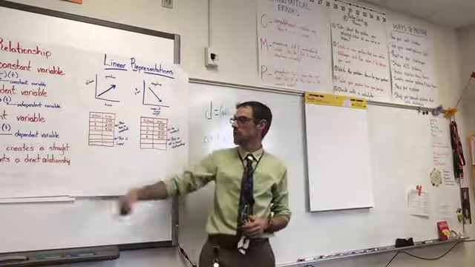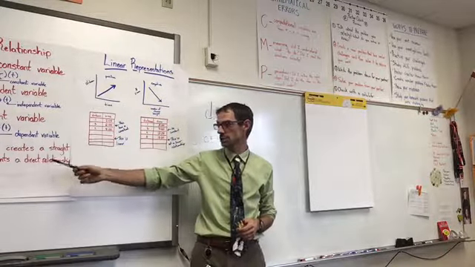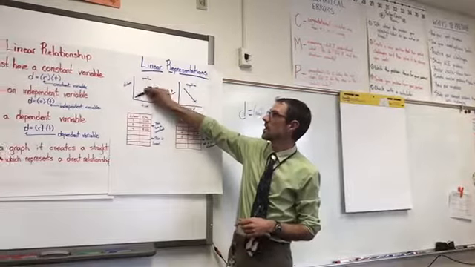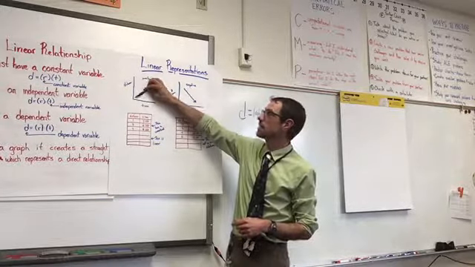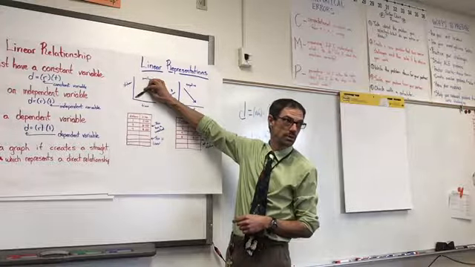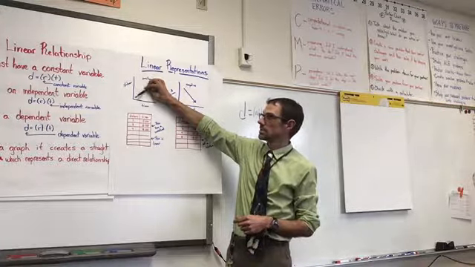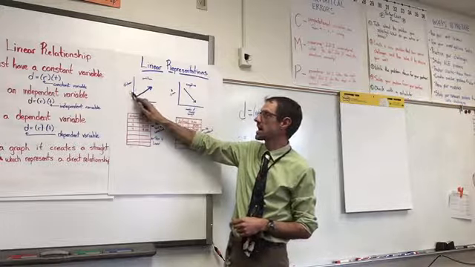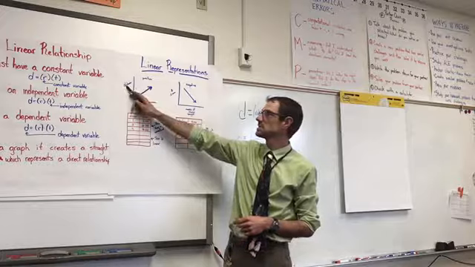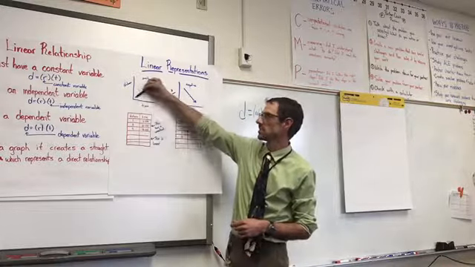All right. So on a graph, your linear relationship is represented by a straight line. Here I have a positive linear relationship. So this is saying, as I spend more time, I also walk further. This is distance and this is time.